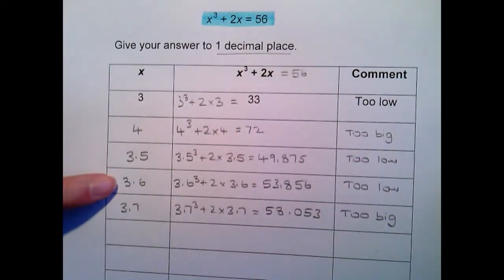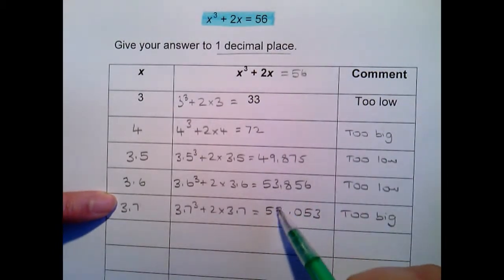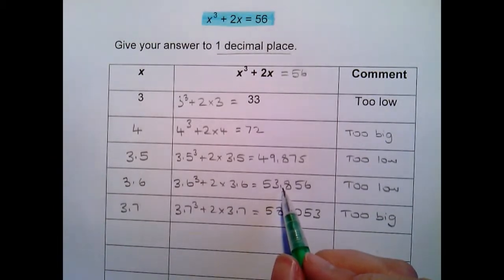So they want you just to choose either the 3.6 or the 3.7, whichever one gets you an answer that's closer to 56. So looking at these two then, it's quite hard to see actually which one is closer to 56. So that's 2 and a wee bit above, and that one's 2 and a wee bit below.